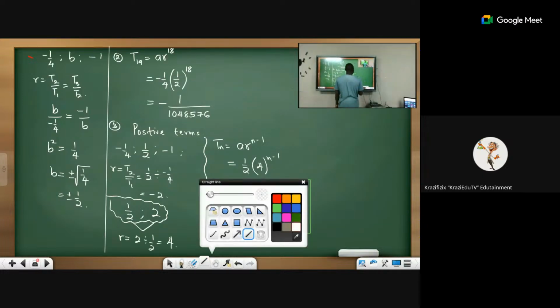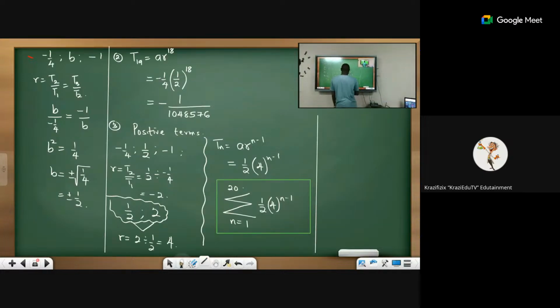So is it convergent? No, not convergent. Why? R is greater than 1. If my R was between -1 and 1, then I'd say it converges. Guys, do you understand the condition?